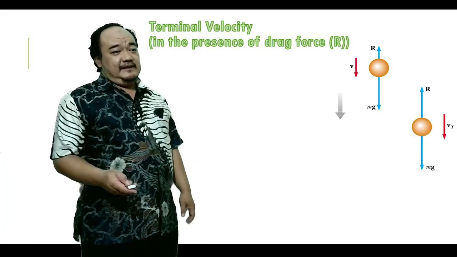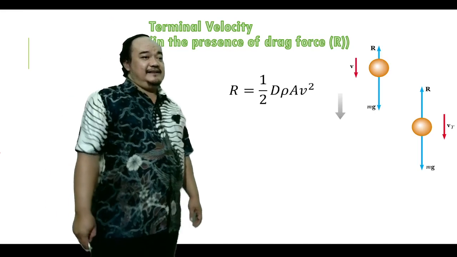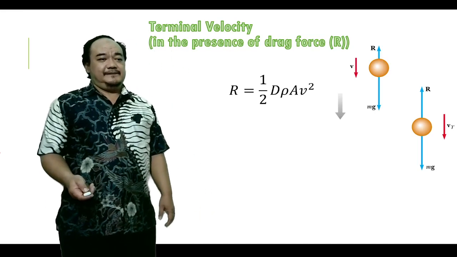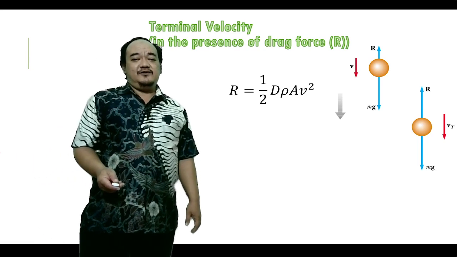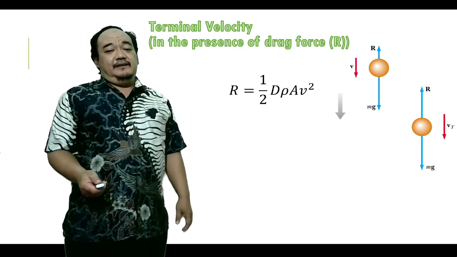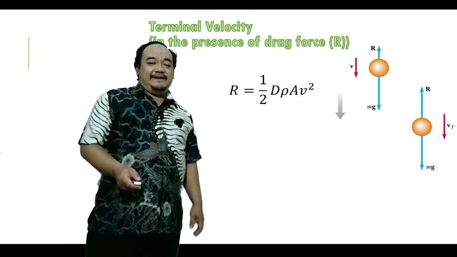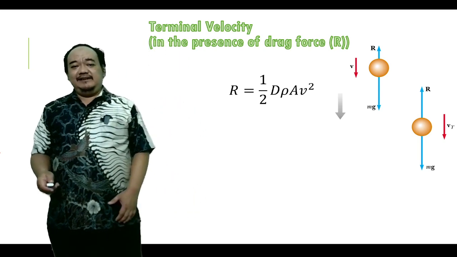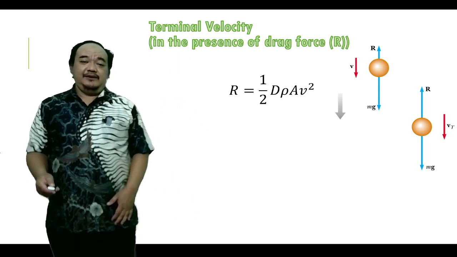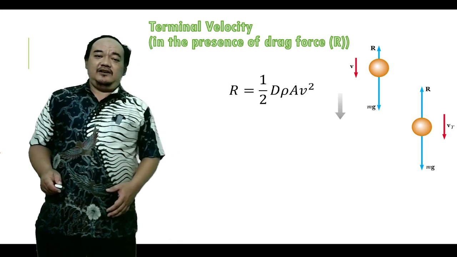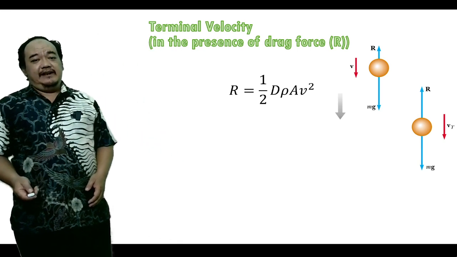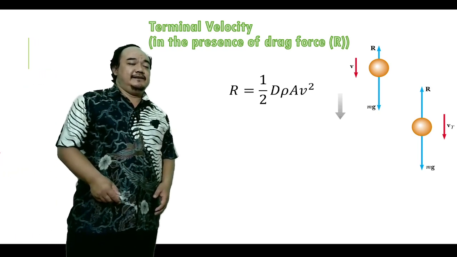Now, by using the definition, the drag force is half of D rho A v squared. D is the drag coefficient, rho is the density of fluid. In this case, the fluid is air. And then A is the cross-sectional area of the object, and v is the velocity.